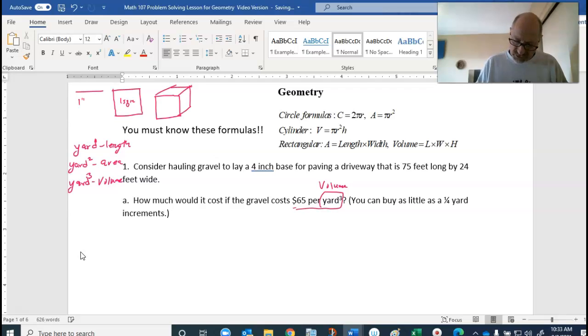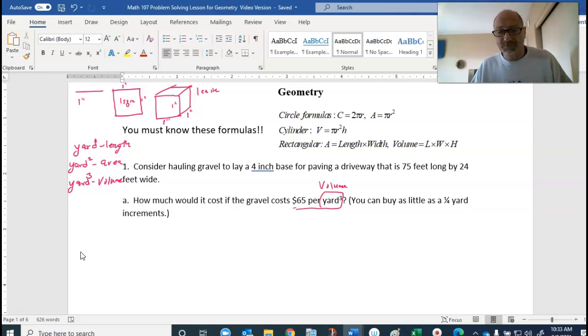This would be called 1 cubic inch, assuming it's 1 inch wide by 1 inch high by 1 inch long. So there are these 3 dimensions that we have measurements in.